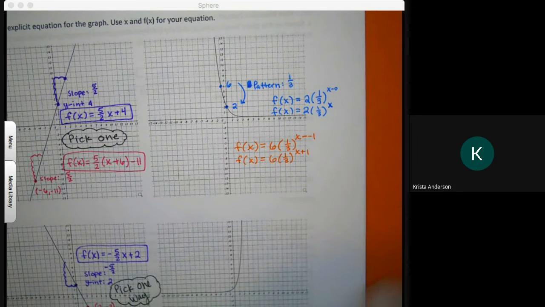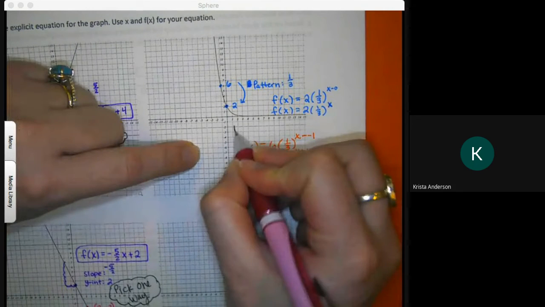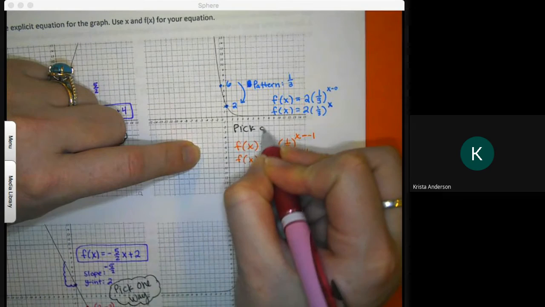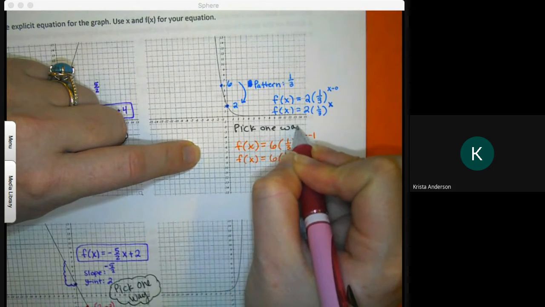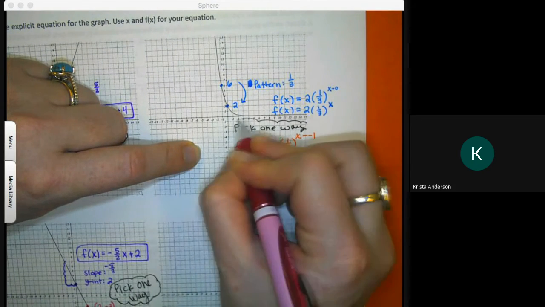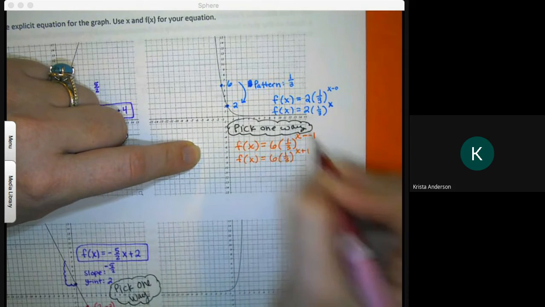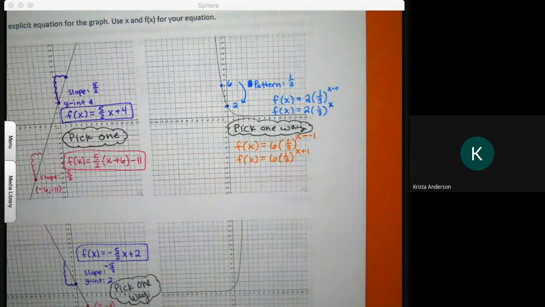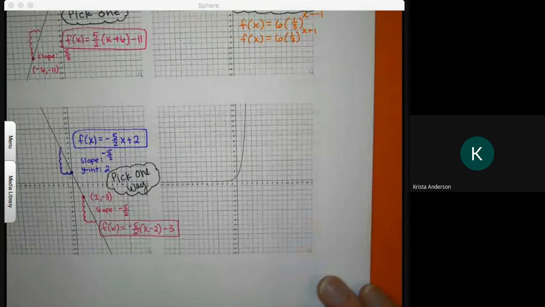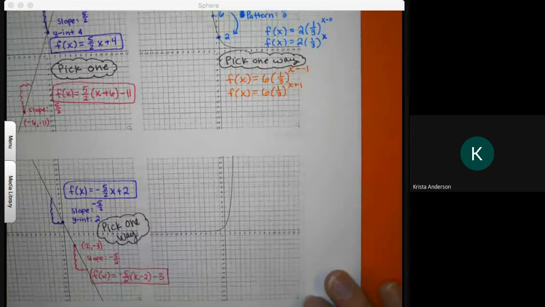Both are correct. Same thing, you're just going to pick one way. You don't have to write multiple equations. Try the bottom right question, then we will try it together.